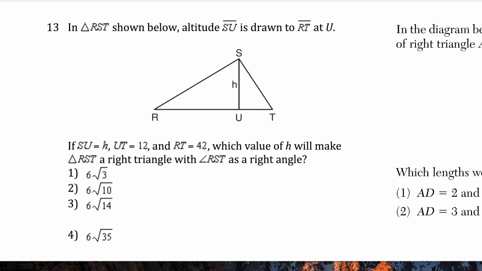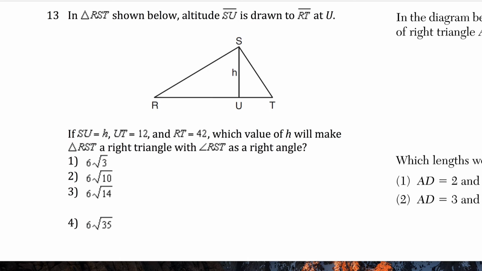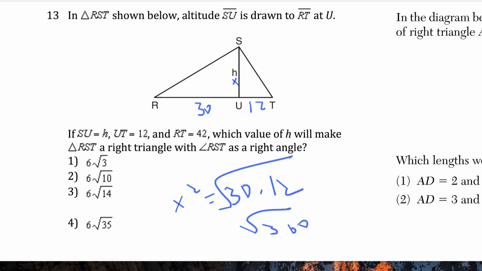And that's not it. We're almost there. So UT is 12. RT is 42, which makes this 30. This is x. X squared equals 30 times 12. Square root of 360. Teach them to reduce this properly, or just put them all in the calculator, which is also fine. The way we teach to reduce, we just divide by 2 a bunch of times.